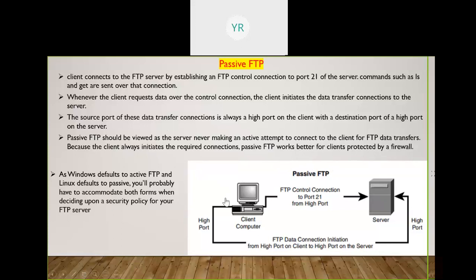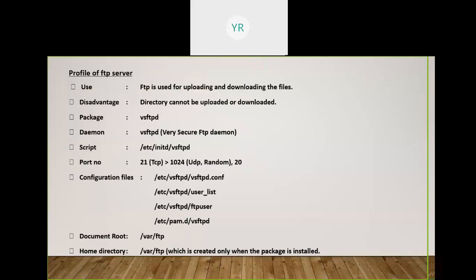Here the firewall allows it because the client is initiating the connection, so no need to worry. In Windows also we can configure an FTP server. In Windows that connection is active by default, whereas in Linux it is passive. Almost all Linux servers go with passive FTP, and in Windows it is active FTP.